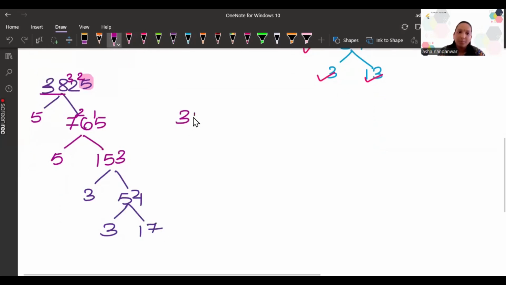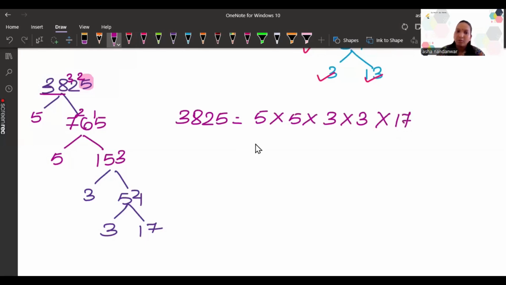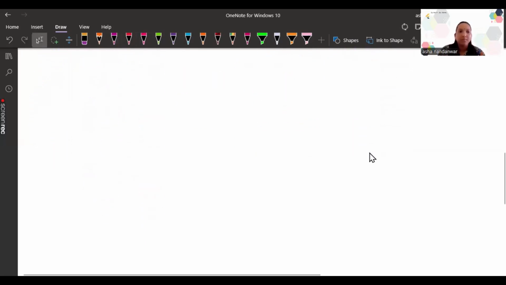So the product of the number is 5 into 3 into 3 into 3 into 3 into 7. So the answer is written in powers of prime factors. Okay, moving on to the next one.